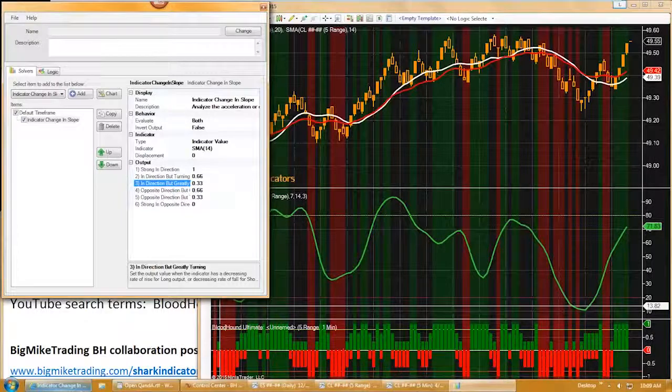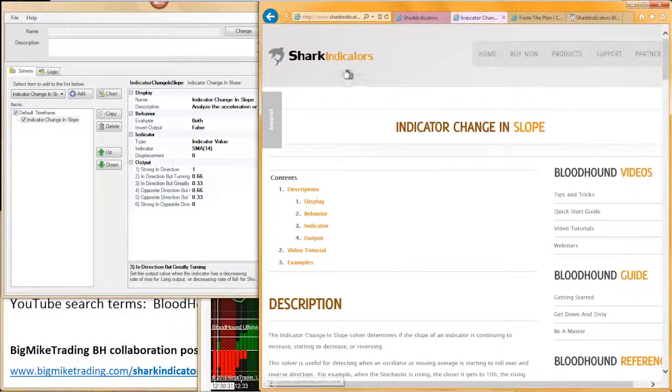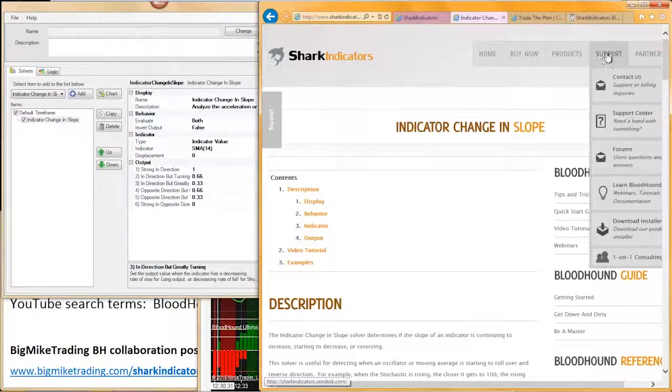Also, what I have open and ready to go is the web page. This is the Shark Indicator's web page on the change in slope. To get to this page, just put the mouse on slope. Don't click on it.